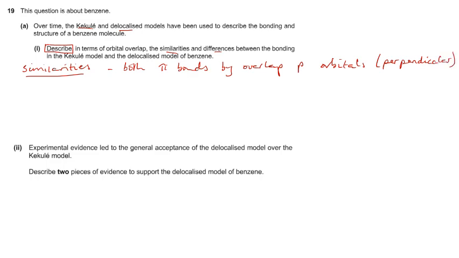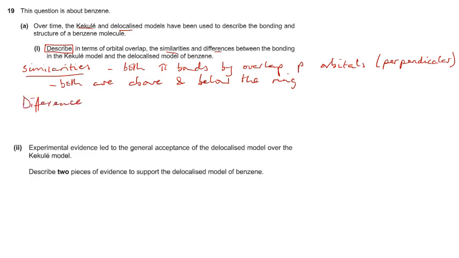Okay, so that's one similarity. Another similarity is that the pi bonds in both are above and below the ring of carbon atoms. Okay, so a couple of sentences there about similarities.